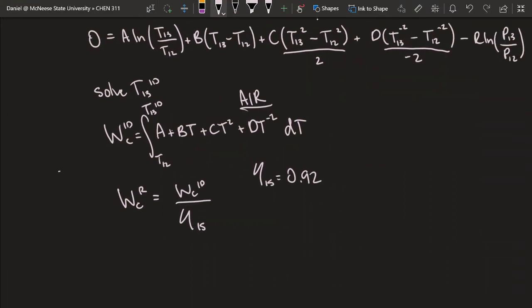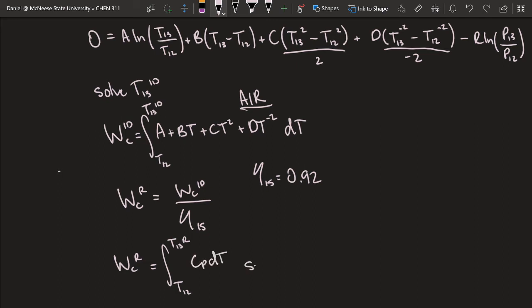All right, and then you just backtrack it again. This time you know what the work of the compressor real is, so you can just use the energy balance again to solve for T13 real. That's what I really want here. CP dT. Okay?